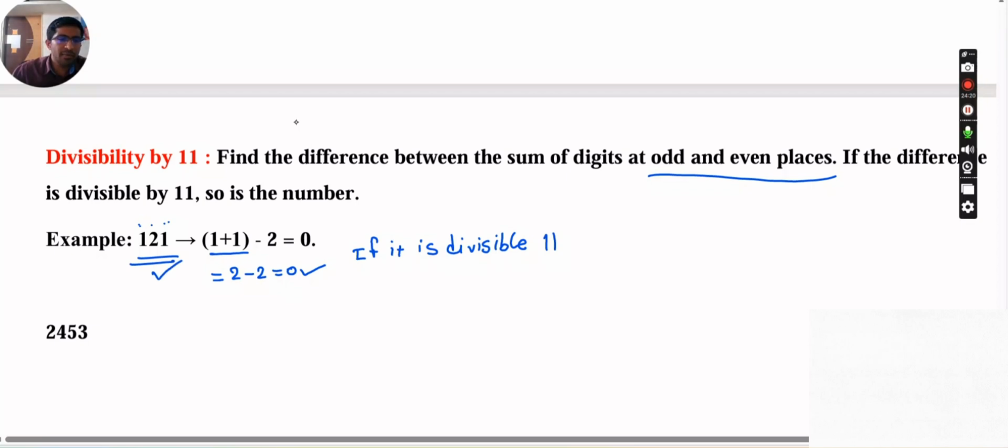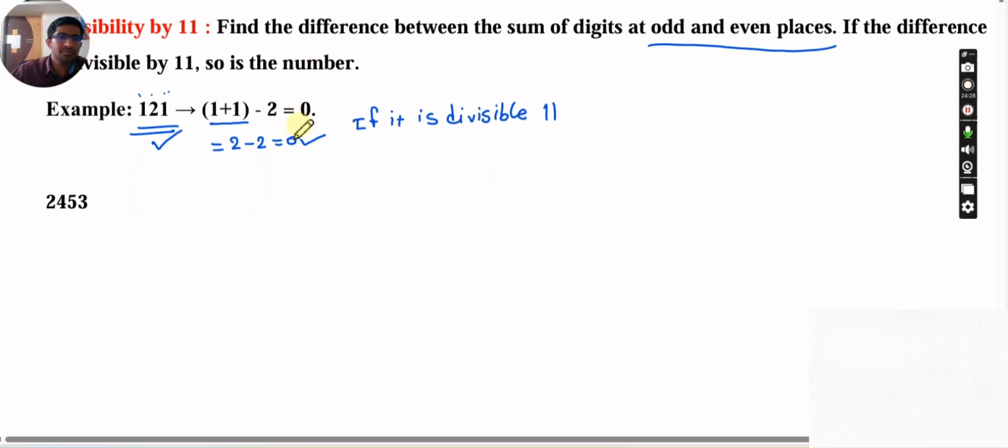Another number we have taken here is 2453. Just check for this number. In 2453, we can see that these are the odd places numbers and these are the even places numbers. So we are adding 5 plus 3, and from them we subtract the even places number addition, that is 4 plus 2.